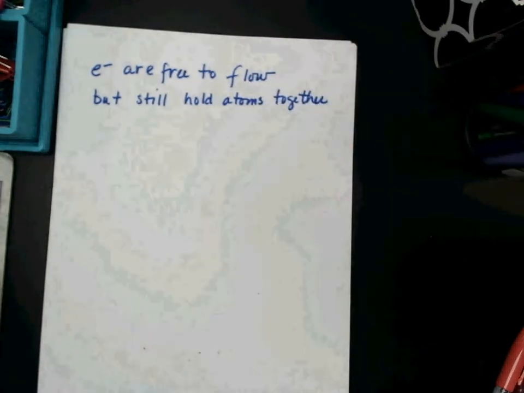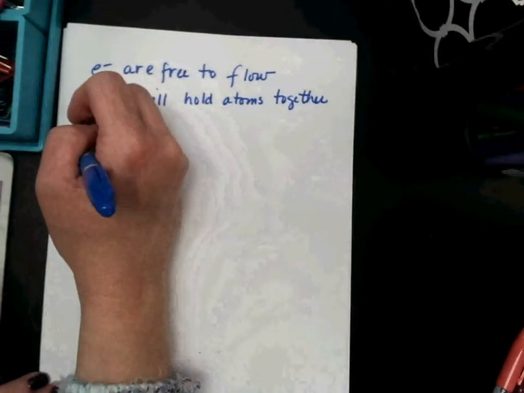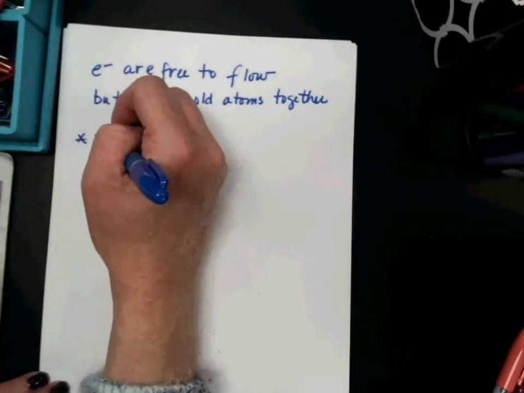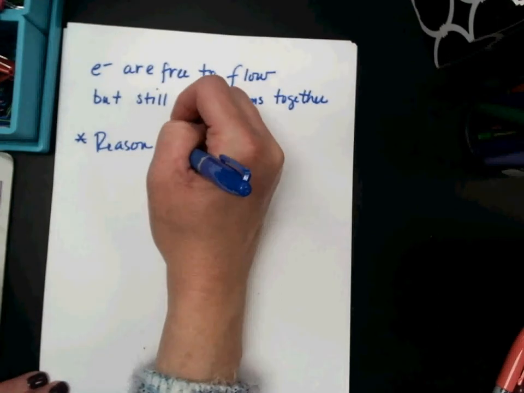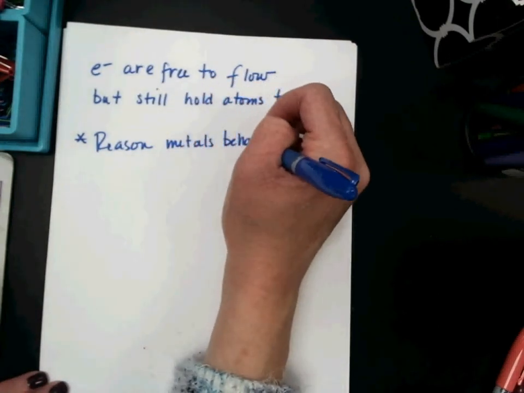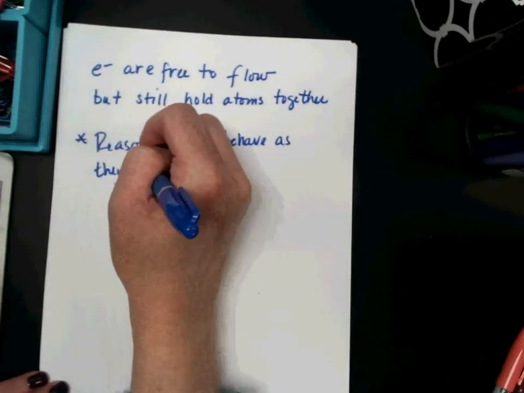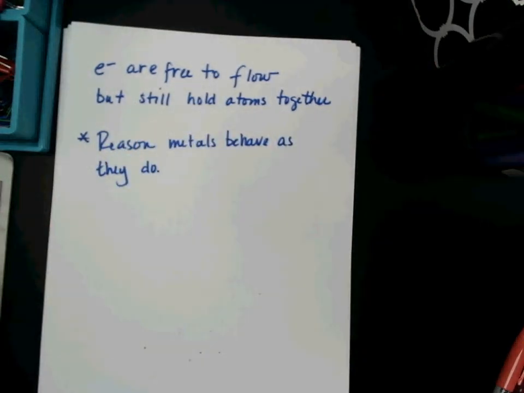So they're still bonded, but those electrons are moving back and forth between the atoms. And that's the reason, I guess we should probably write that down, reason metals behave as they do.